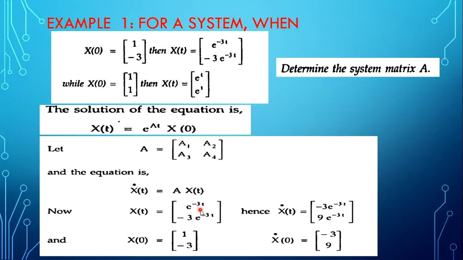If you put t as 0, e to the power minus 0 will be 1, so x of 0 is [1, -3]. In the same way, substituting t equals 0, x dot of 0 will be [-3, 9]. Same way we will do it for the other x of t.